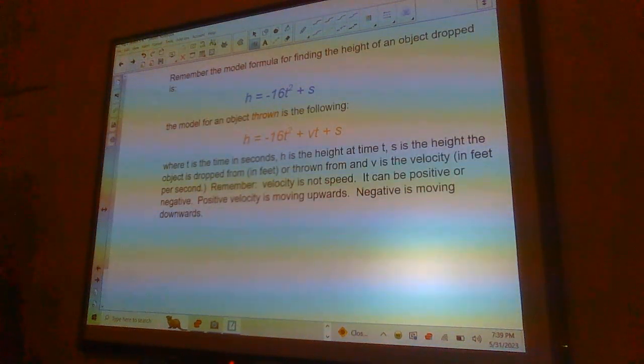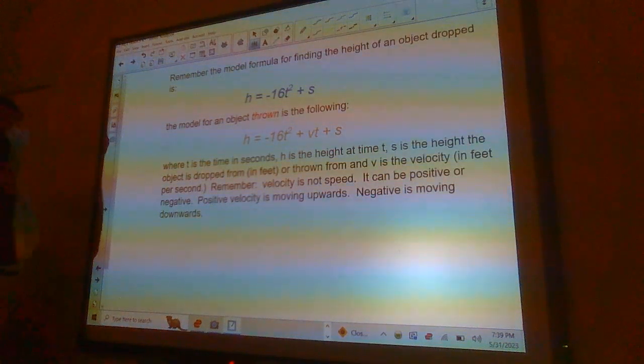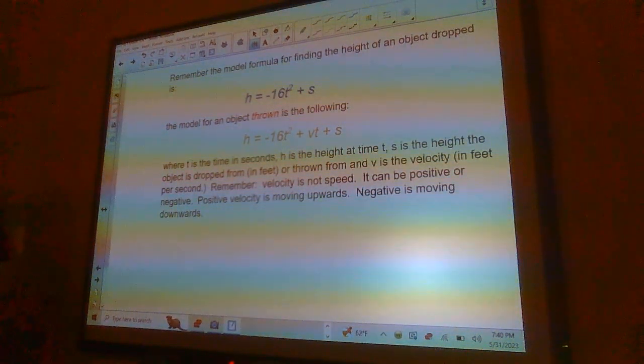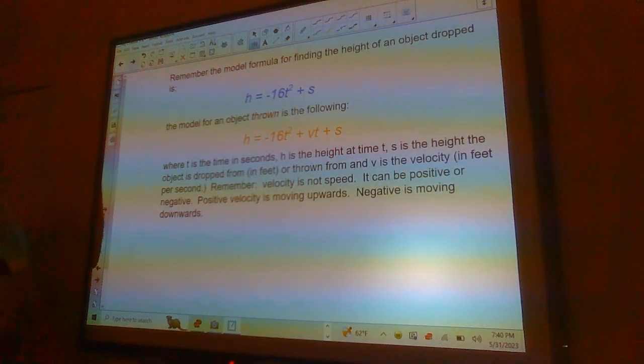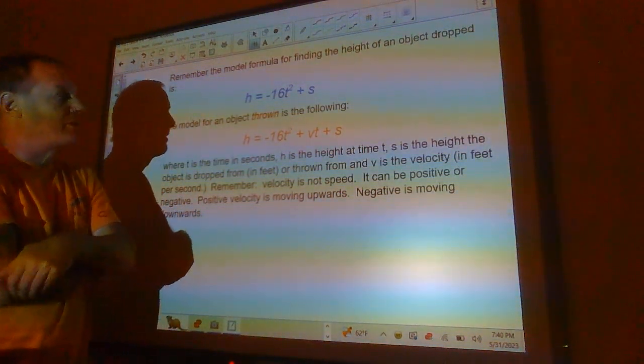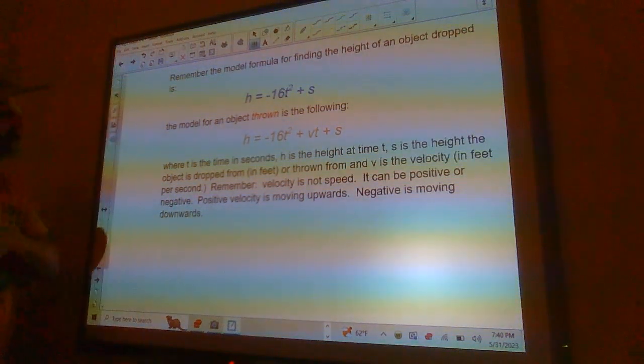All right, now we had a couple of formulas that we learned before that you need to remember. So h equals negative 16t squared plus s. That is the formula for the height of an object at time t dropped from a height of s on the Earth. And then we also had the formula h equals negative 16t squared plus vt plus s.